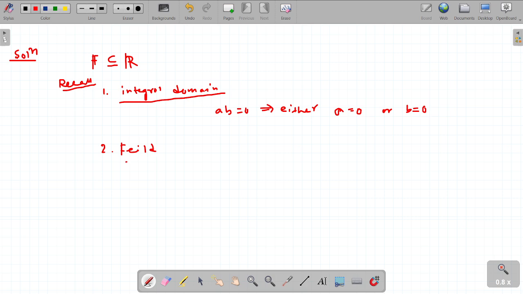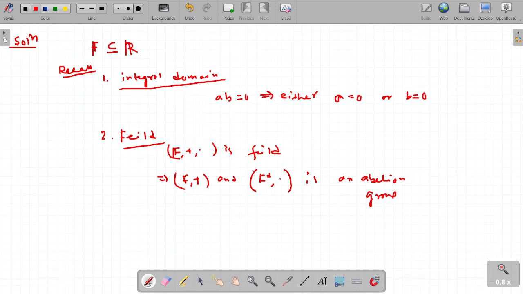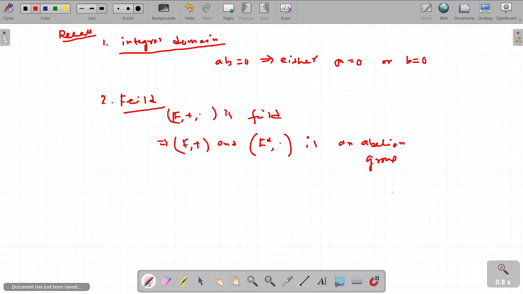What is a field? A field is basically, let's say, (F, +, ·) is a field, meaning F with respect to plus and F star with respect to dot is an abelian group.